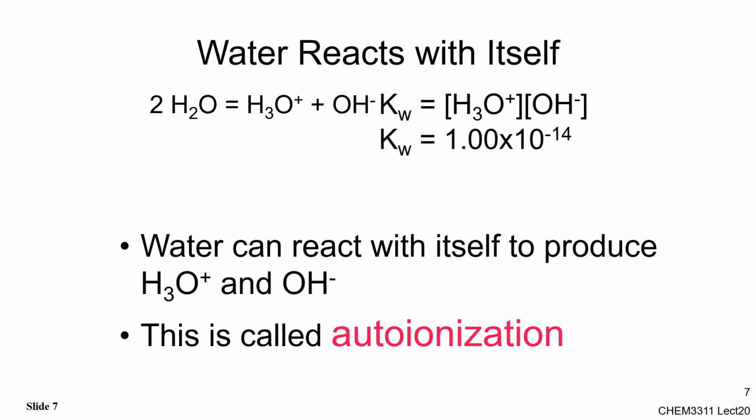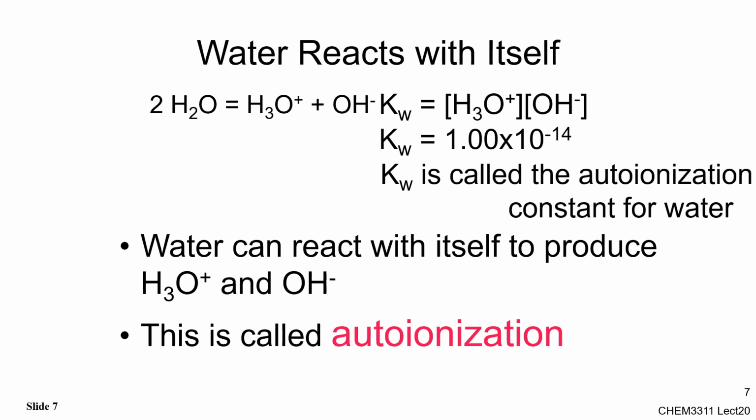Right? Kw at room temperature is 1.00 times 10 to the minus 14th. That's our autoionization constant for water. That's one of the few constants that you're usually expected to know. It's kind of like knowing Avogadro's number in first semester chemistry and second semester, you're expected to know what Kw is.